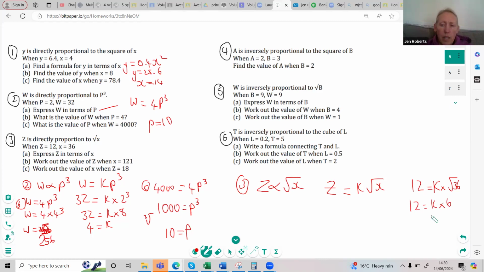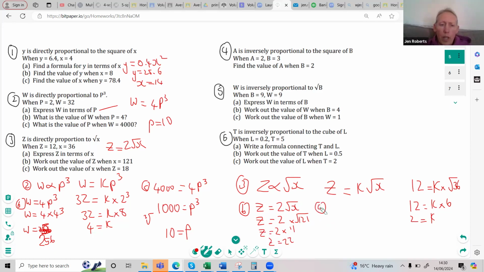Divide both sides by 6. k is 2. So my equation: z equals 2 root x. Work out the value of z when x is 121. Square root of 121 is 11. z is 22.